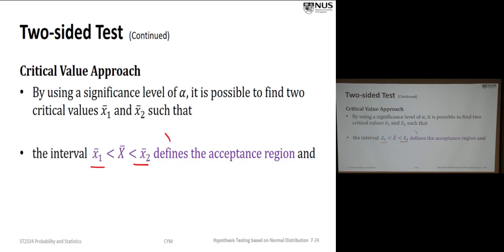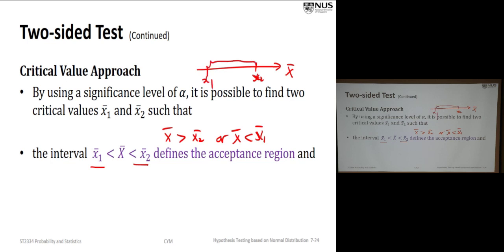So in other words, if X bar is greater than X2 bar or X bar is less than X1 bar, then my decision is rejecting the null hypothesis. So in other words, this is my X bar, this is my X2, this is my X1. Whenever X bar is here, I accept it. So the rest, I will reject it.